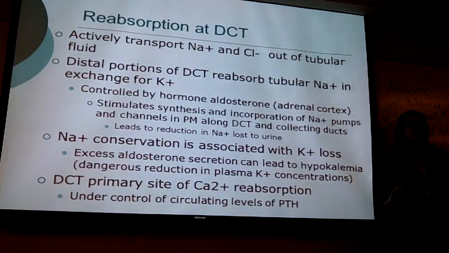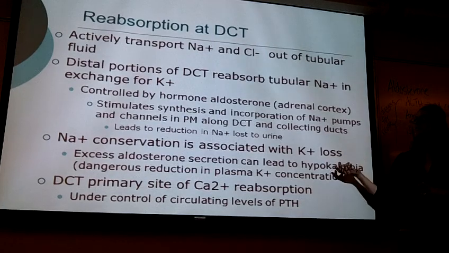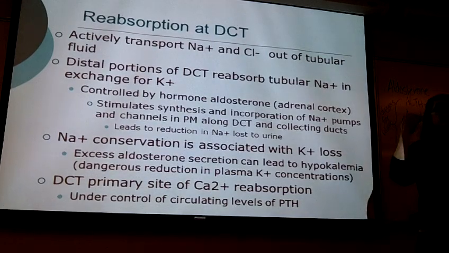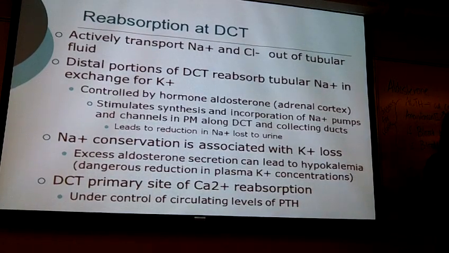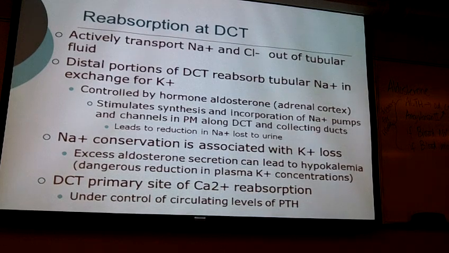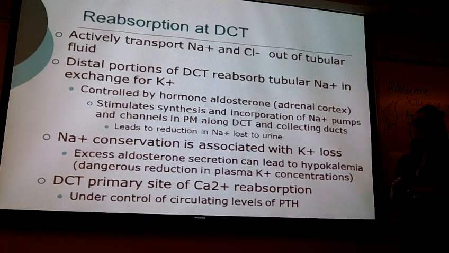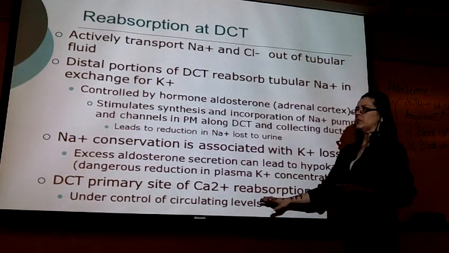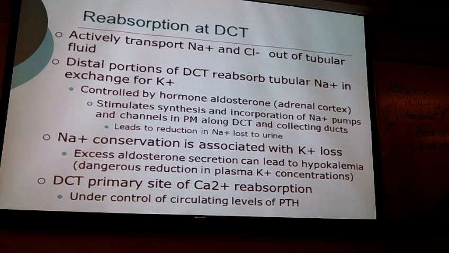You don't want that to happen. Obviously, you don't want your hormone levels to be excessively high, but that's one major problem with having really high aldosterone levels, is it will cause your potassium levels to really become way too low. And that can affect how your muscles are contracting. It can affect neuronal signaling. It can affect all kinds of things. It's not good.